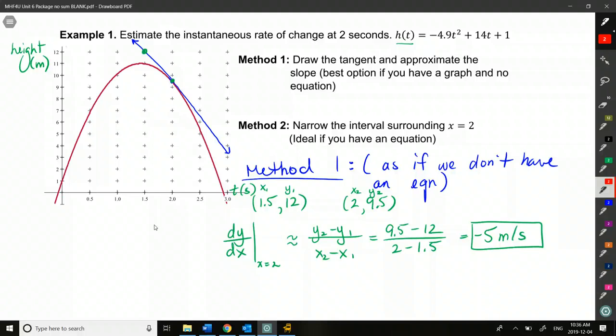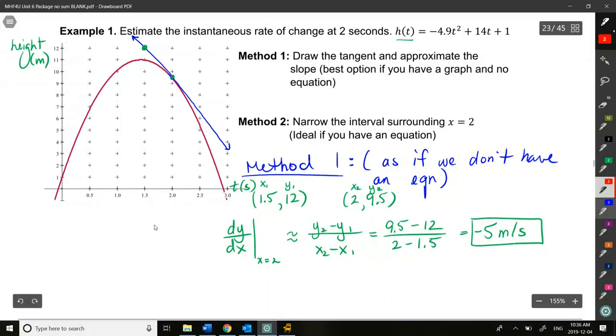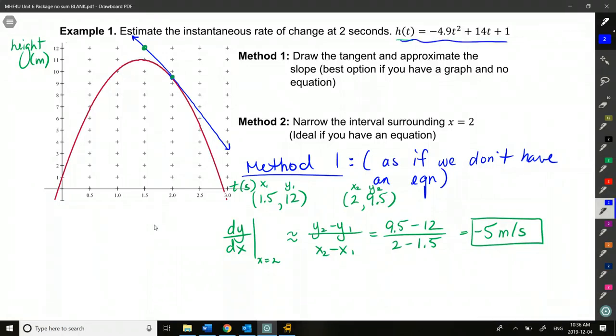Okay, so if I don't have an equation, our tangent line is really the only thing that we'll be able to do. So with a ruler or something with a straight edge, you try to balance that line as best you can, just so that it grazes 1 point on your function. Now, if I have an equation, so now we're assuming that we're given this, I can create a really, really small interval surrounding 2. The closer I make that interval around 2, the better my estimate is going to be.